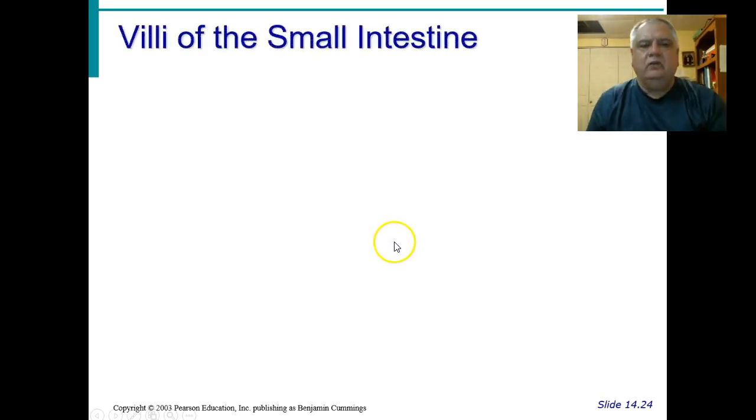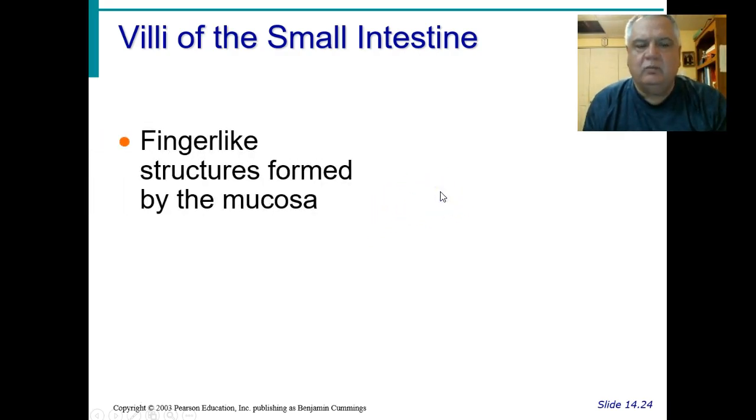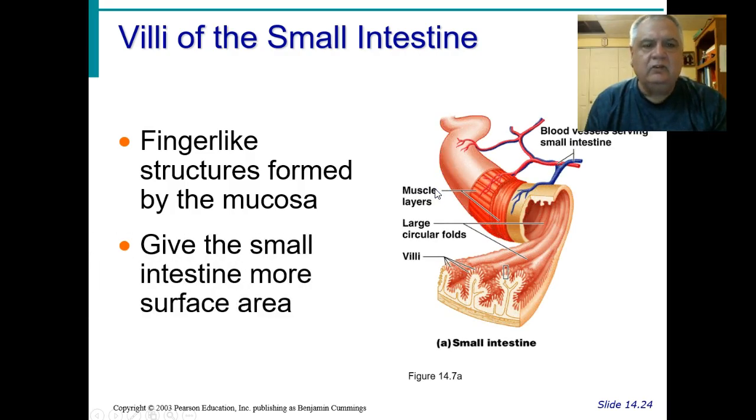Next up, internally, when we look at the small intestine, we see a modification: the small intestine is thrown into a series of finger-like structures formed by the mucosa. These finger-like structures are referred to as villi, and their job is to give the small intestine more surface area upon which enzymes can act.